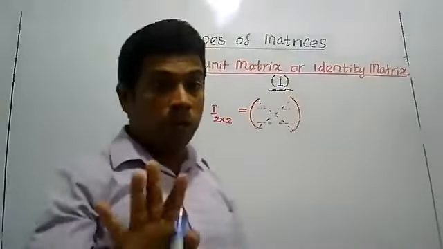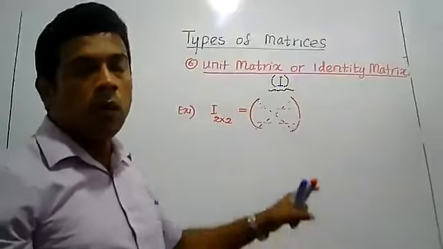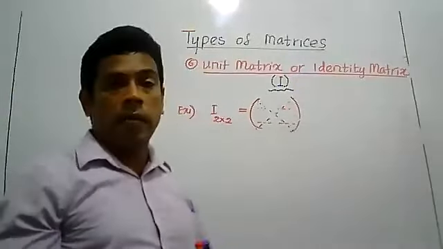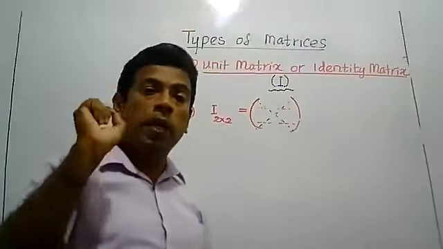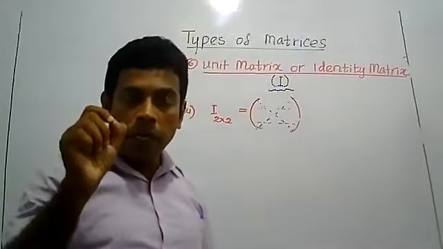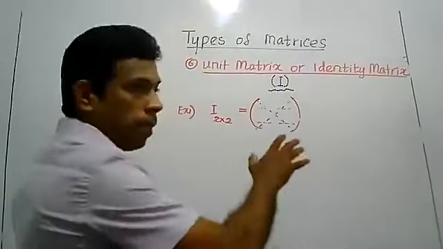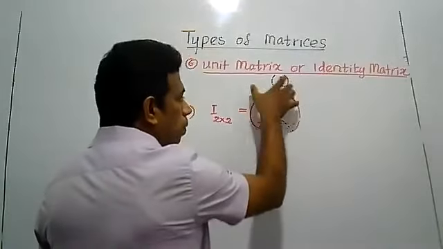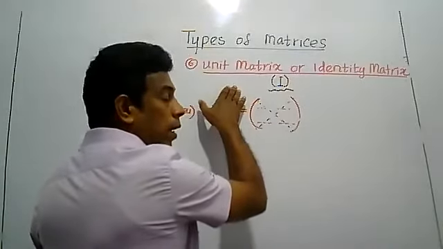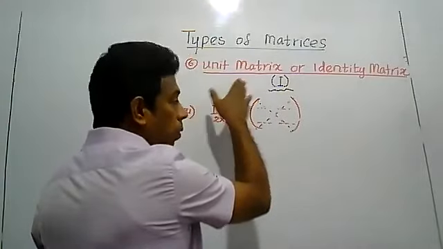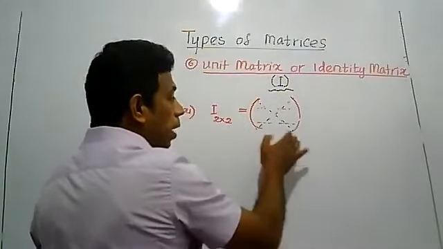I don't write the elements yet. Out of these 2 diagonals, we want to identify the main diagonal. The main diagonal extends from top left to bottom right.